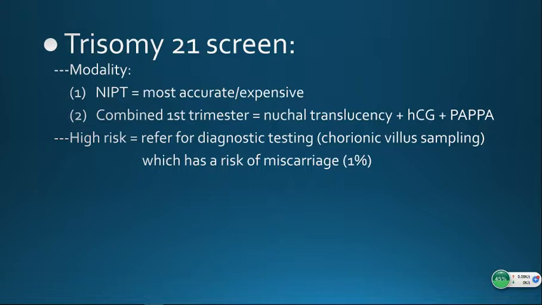So in this case, the NIPT and also the combined first trimester test are both screening tests. So if the screening test yields a high risk, then the woman is referred for diagnostic testing, which is chorionic villus sampling, and that has a slight risk of miscarriage, about 1%.